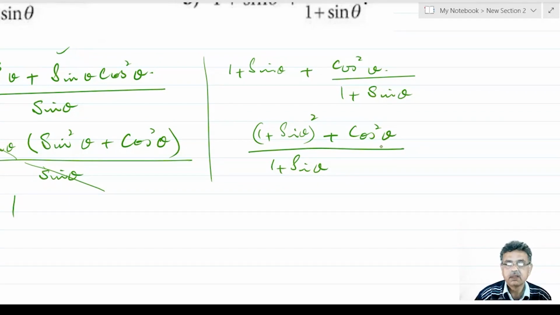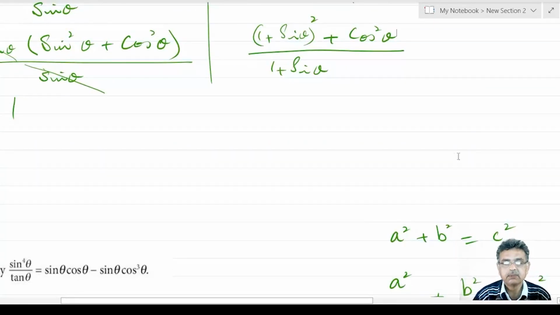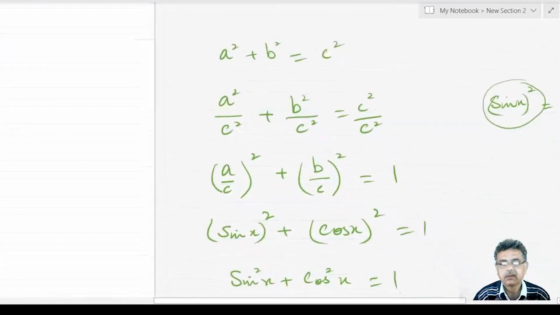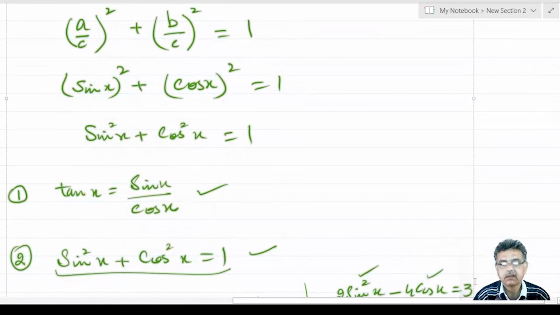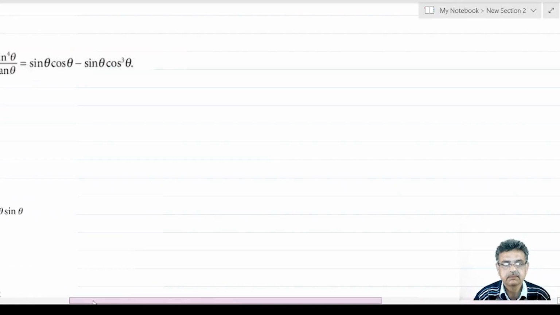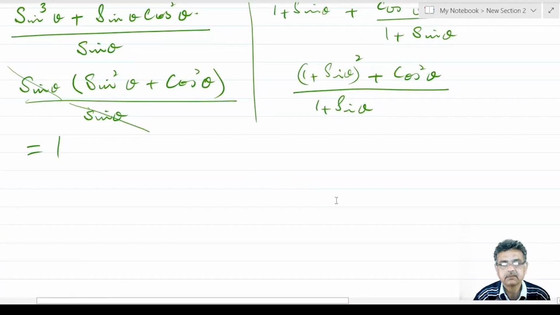So it will become, now it will be equal to a square plus 2ab plus b square.